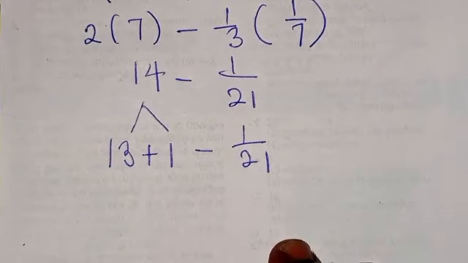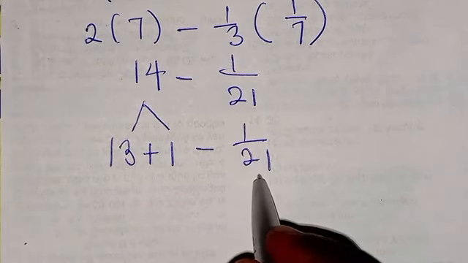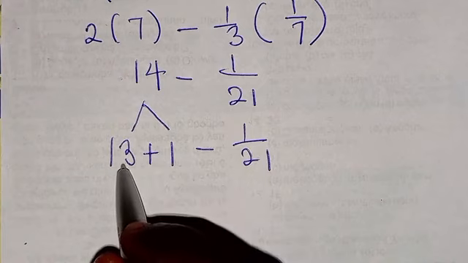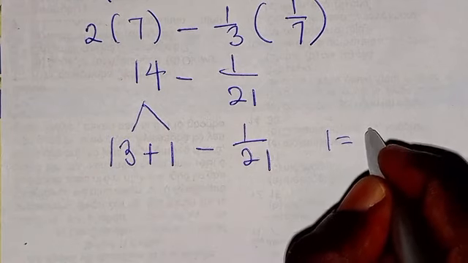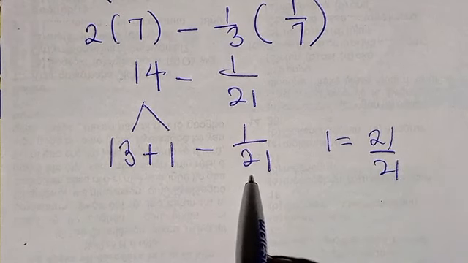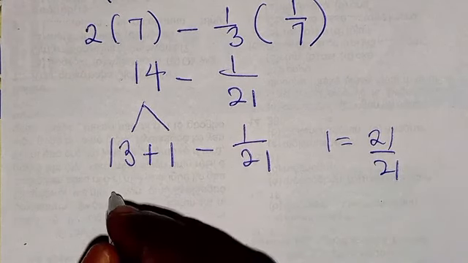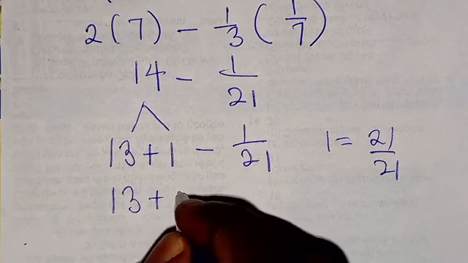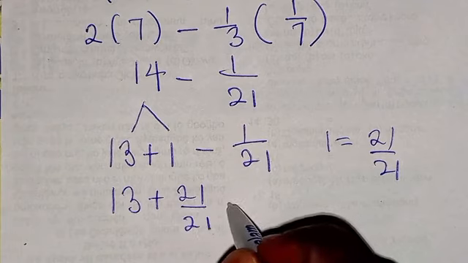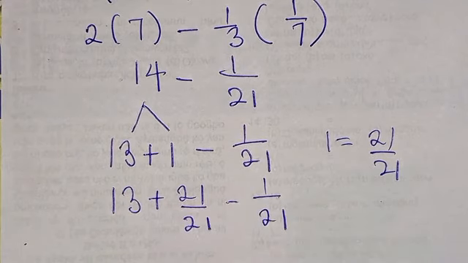Because we are having 21 here, I can rewrite this 1 as 21 over 21. So therefore I can have 13 plus 21 over 21 minus 1 over 21, right?